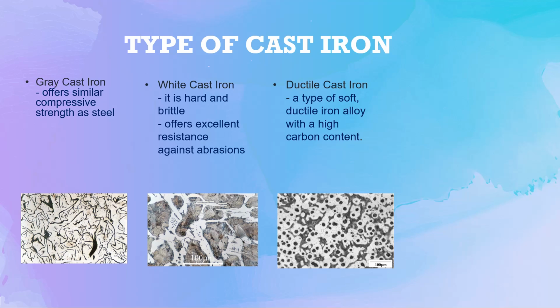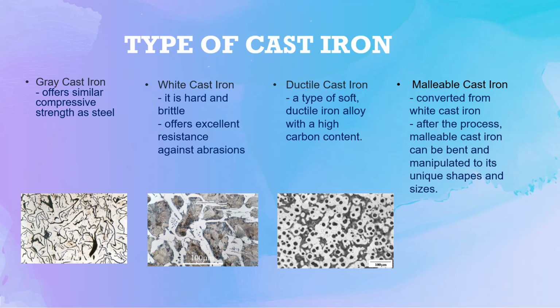Okay, the fourth one is malleable cast iron. Malleable cast iron is basically white cast iron that has been converted. So how does this process happen? Basically, the white cast iron is converted to malleable cast iron by a two-stage heat treatment process.